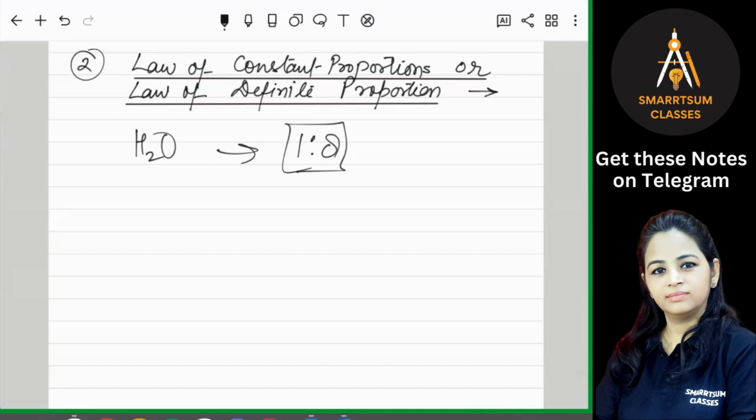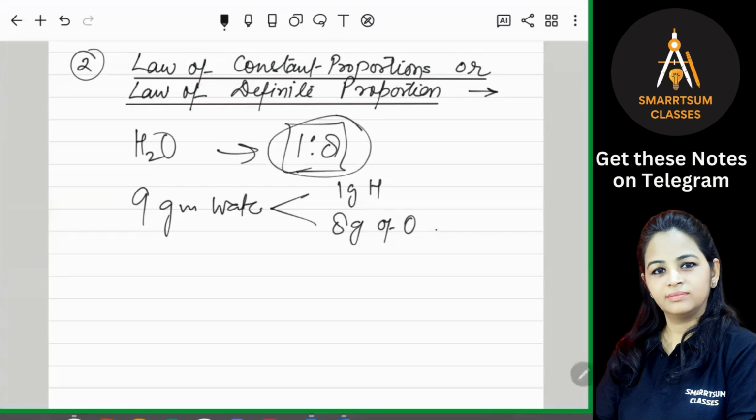So whatever the source of water, if 9 gram of water is decomposed, suppose you have 9 gram of water and you are decomposing it, what will you get? 1 gram of hydrogen and 8 gram of oxygen, right? This will be obtained, and these elements are always present in this definite proportion, that is 1:8, right?